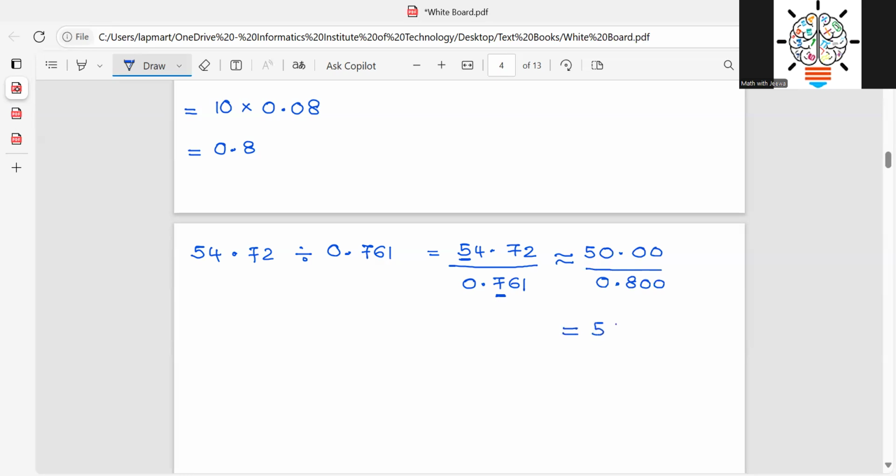This is 50 divided by 0.8. Can you remember in grade 6 we learned that when you have a decimal number in the denominator, looking at the number of decimal places, we multiplied it by 10, 100 or 1000. Here we have only one decimal place, therefore I multiply this by 10 and I multiply this also by 10.